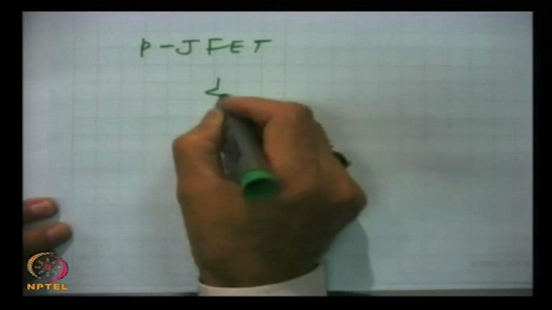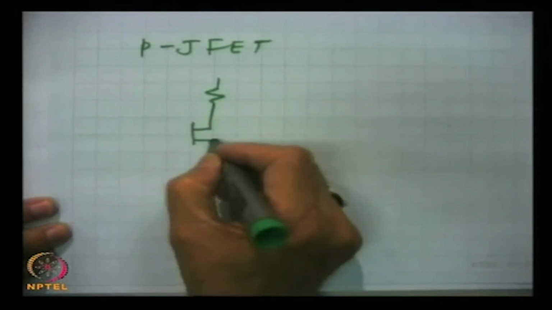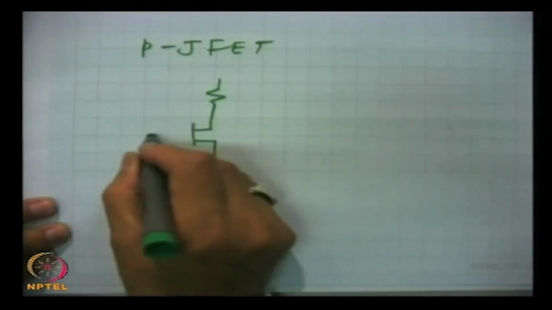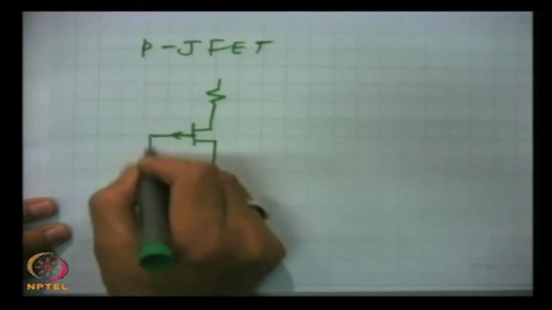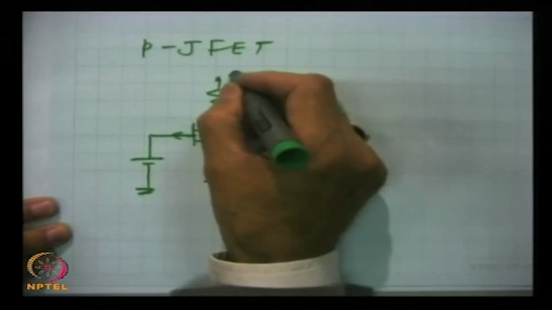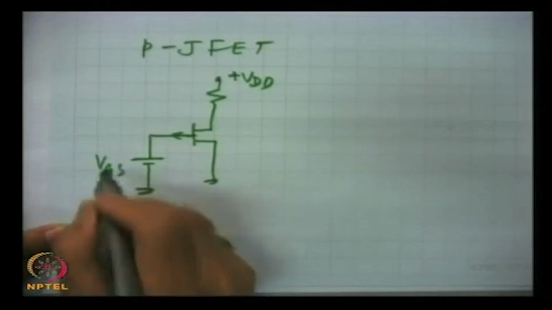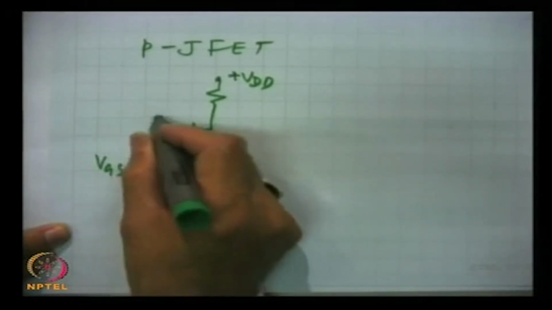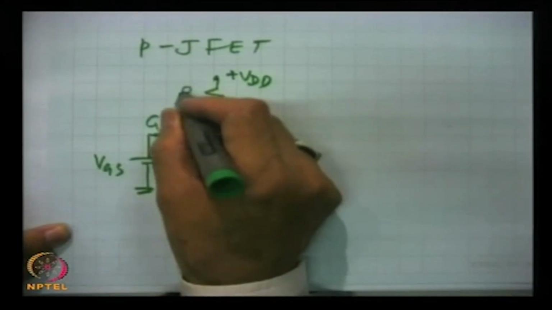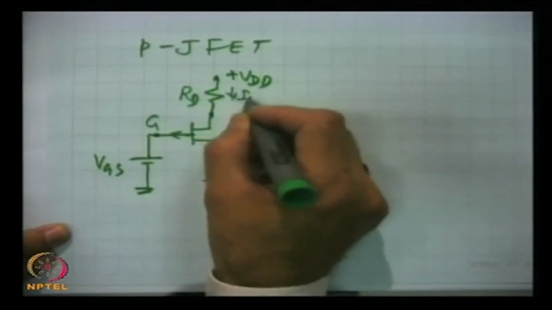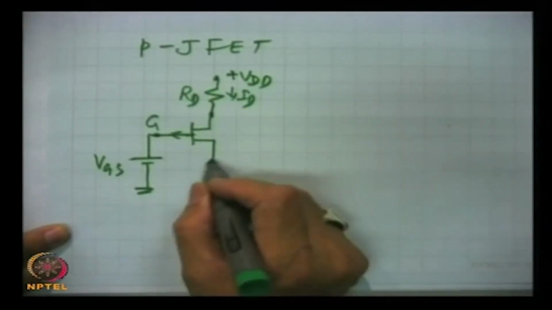That means for P JFET, this is VDD and this is VGS, this is G, RD, ID, and this is source.